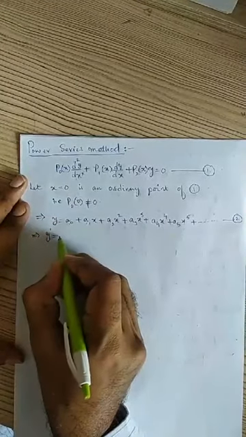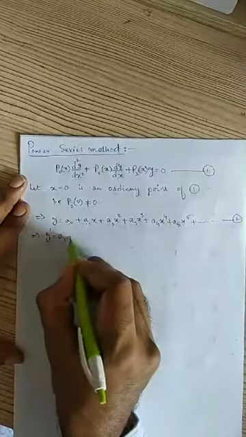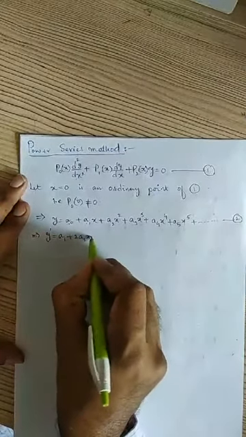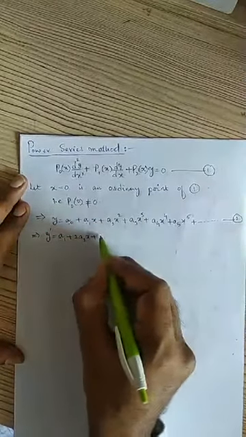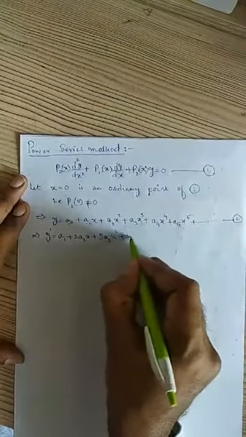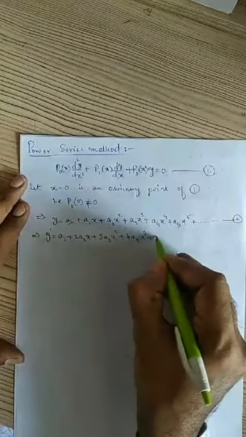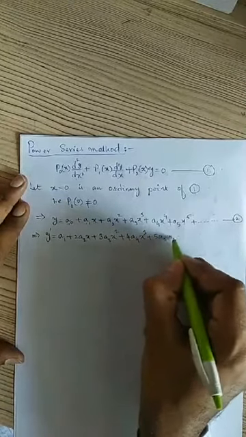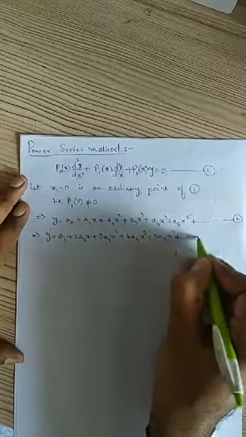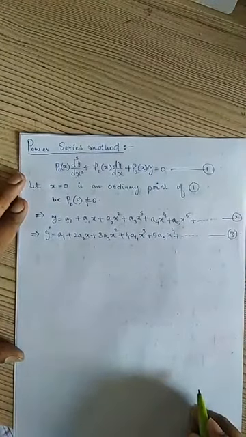Derivative of a0 is 0, derivative of a1 x is a1, plus 2a2x plus 3a3 x square plus 4a4 x cube plus 5a5 x power 4 plus so on. Consider this as some third equation, right?